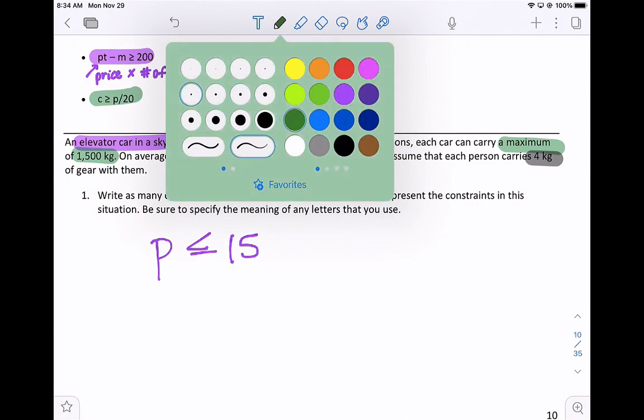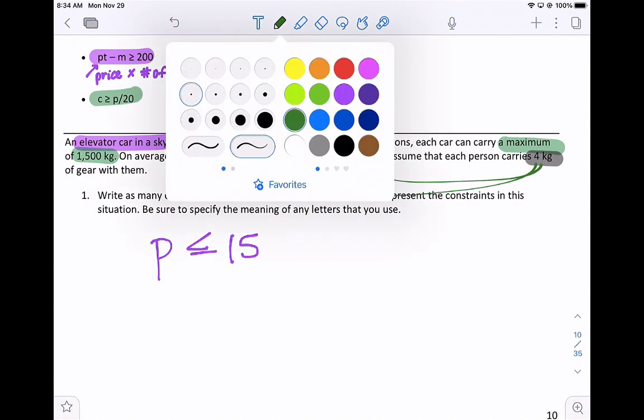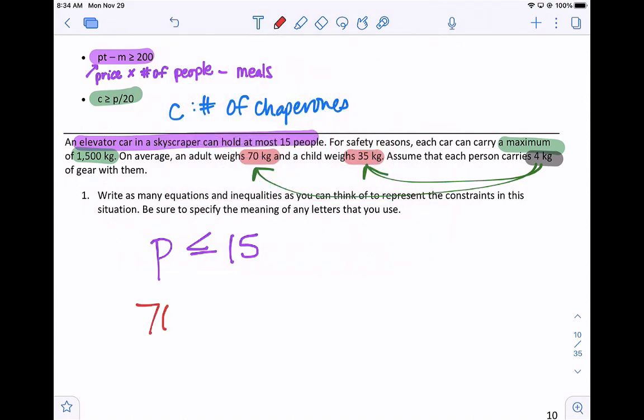For safety reasons, each car can carry a maximum of 1,500 kilograms. And you have the adult and the child weight, but each person carries 4 kilograms of gear with them. So we're going to add that to each of these right here. So we're going to say 74 kilograms per adult plus 35 plus 4, 39 per child.